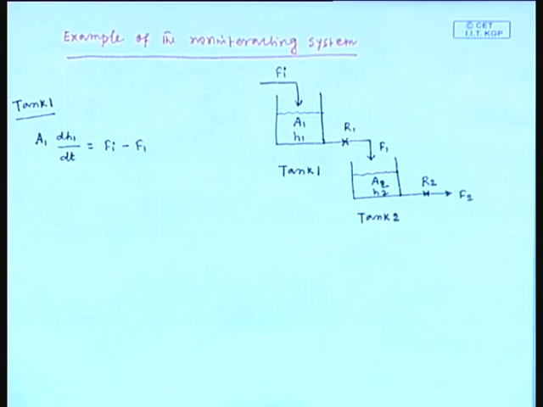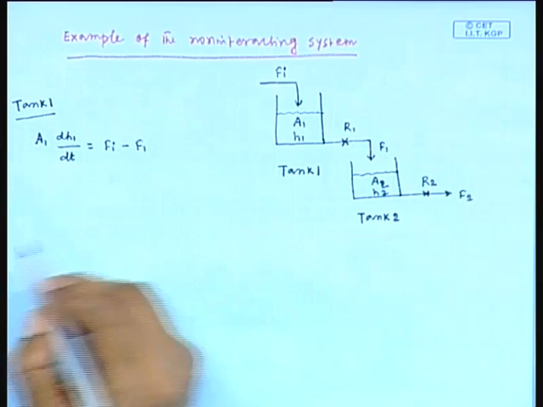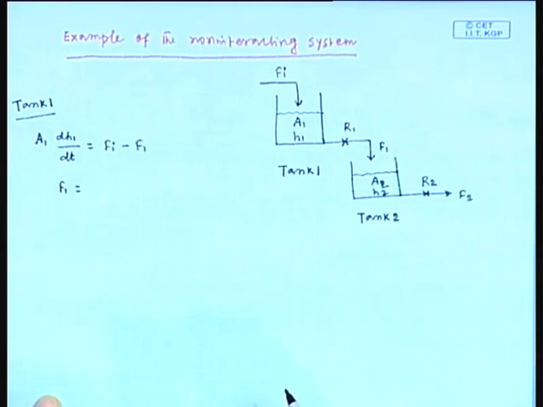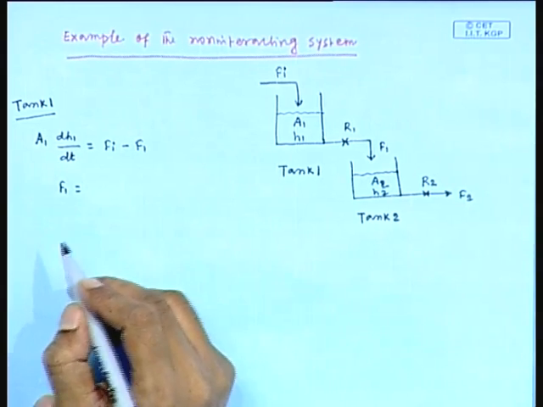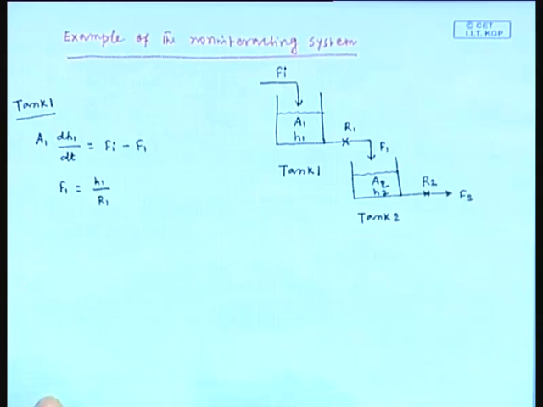This is the modeling equation for tank 1. Now, F1 we can write in the form H1 divided by R1. F1 equals H1 divided by R1, driving force divided by resistance to flow.